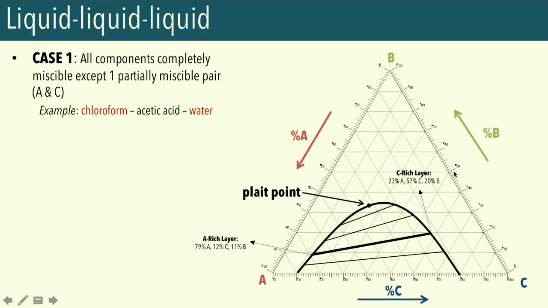Therefore B is more soluble in C. Note that the position of the plate point is actually closer to the A-rich layer. This means that since you have a larger region here for the C-rich layer that corresponds to B compositions, B tends to dissolve more in the C-rich layer.